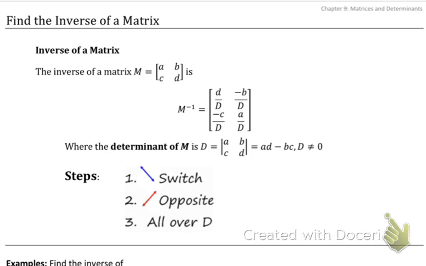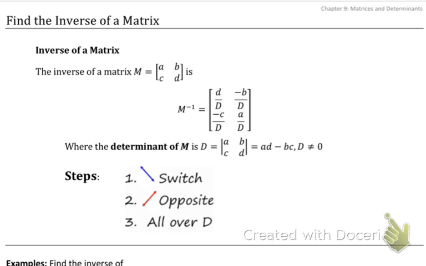Okay, so just like Peyton said, we're going to have to come up with our own inverses. We're only going to do 2 by 2s. Anything bigger, we're going to let our calculator handle that. But 2 by 2s are really easy to do by hand. So if I want to find the inverse of the matrix, and we're going to call it our matrix A, B, C, D, the inverse is, just like Peyton said, we switch these two.